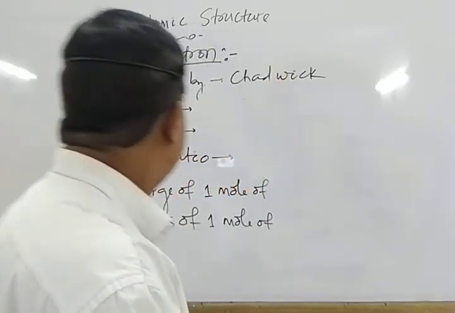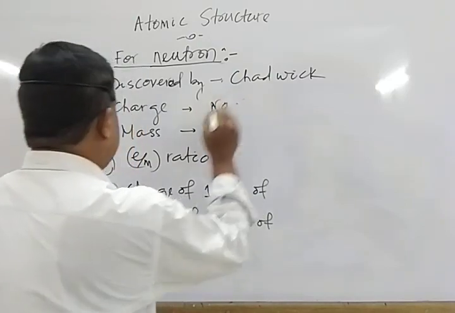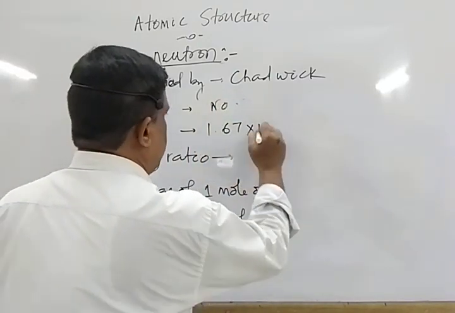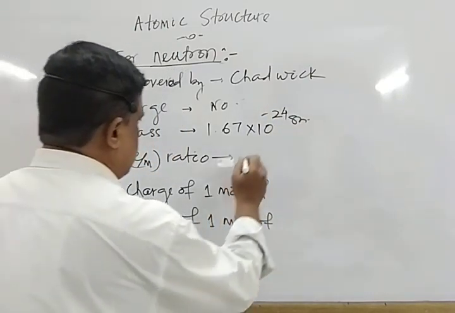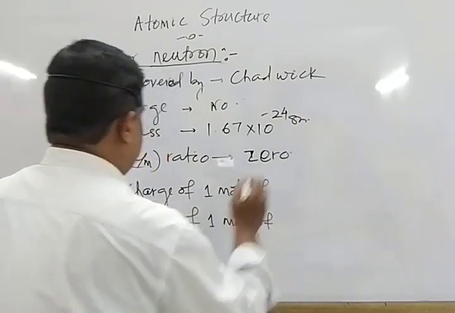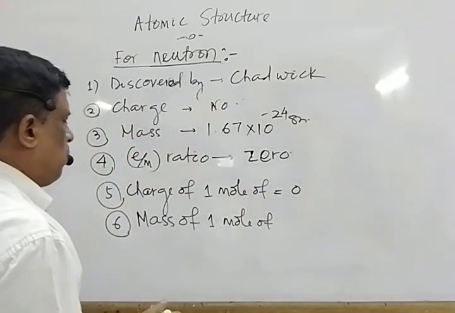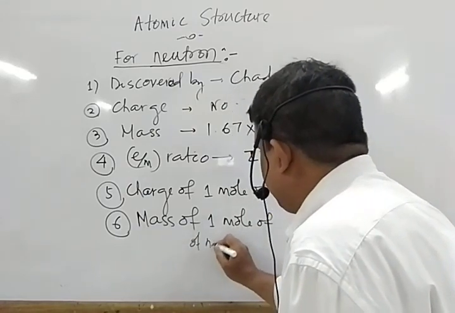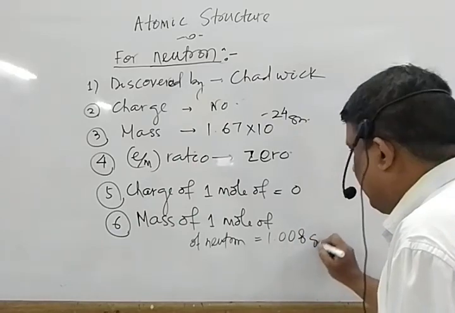The mass is 1.67 × 10^-24 gram. The charge by mass ratio is 0. The mass of 1 mole of neutrons is equivalent to 1.008 gram.